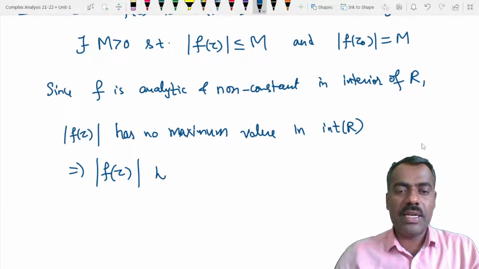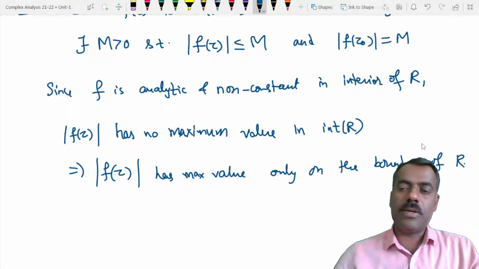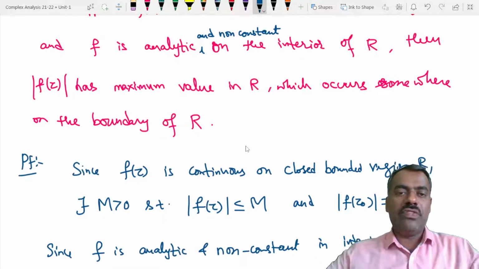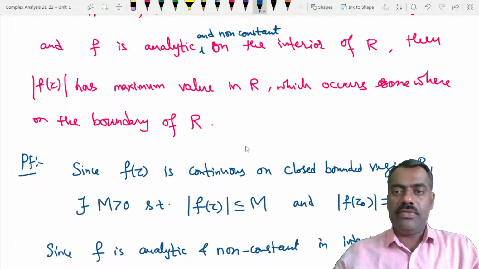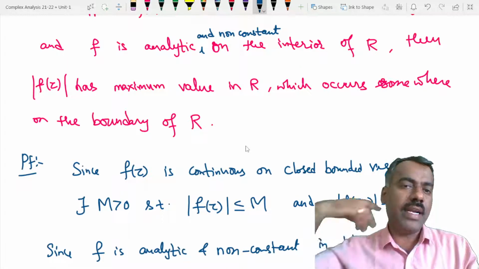That means mod f of z has its maximum value only on the boundary of R. That's why the maximum value for non-constant analytic functions will be at the boundary, not inside.